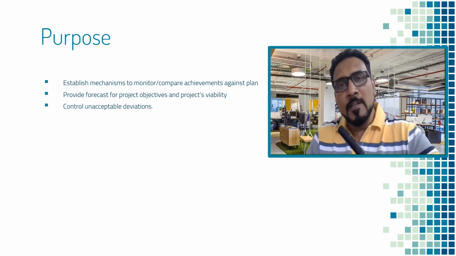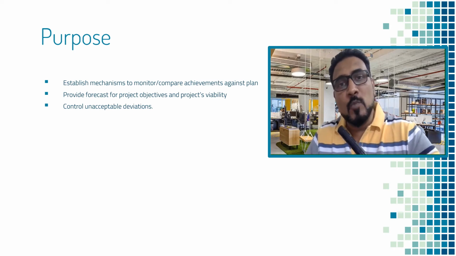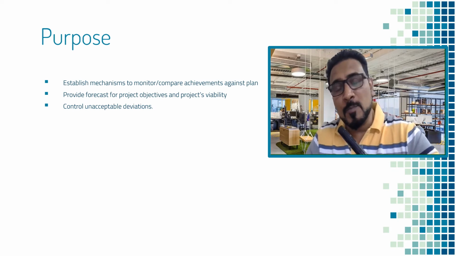So ideally, the progress control will help us to measure the achievement of the objectives of the plan, ensure that the project remains viable against the business case, and measure progress against the 6 aspects of project performance, which is benefits, cost, time, quality, risk, and scope.